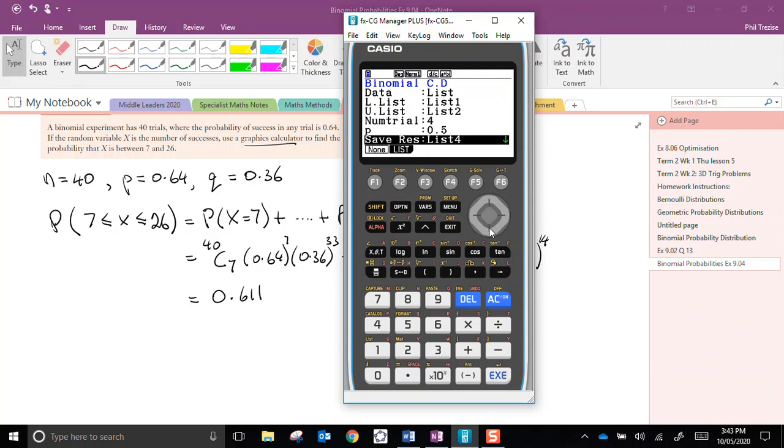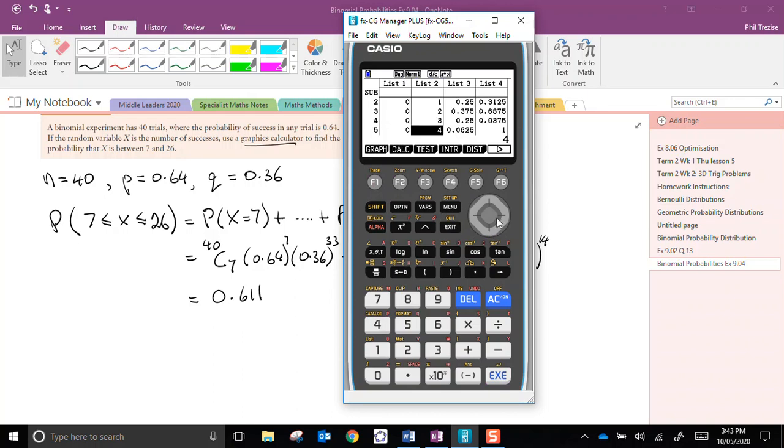Now let's see what happens when we execute that one. There they are, and let's just pop back and compare. So what this is really doing in the first instance, the output came into this list here. What it's doing is it's saying, if I had from 0 to 0, in other words, just the outcome of 0, it's 0.0625, same as the previous. But the next entry is more interesting.